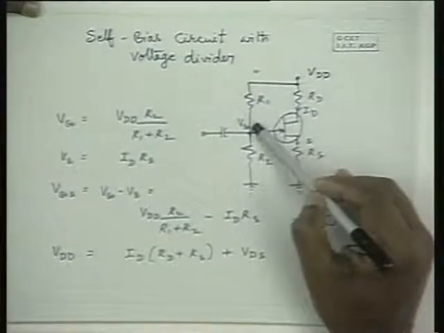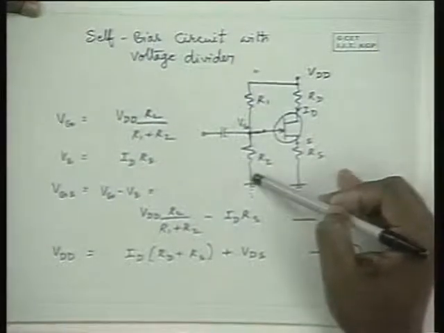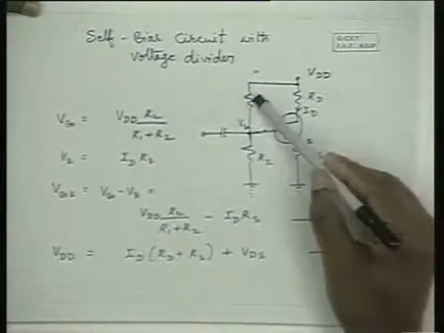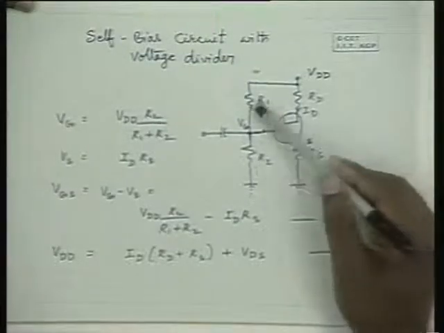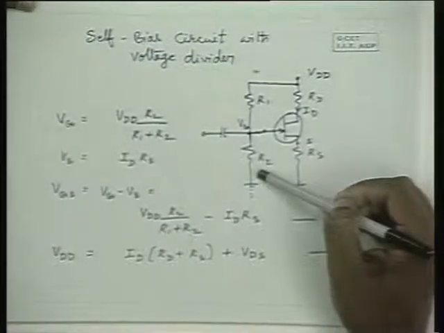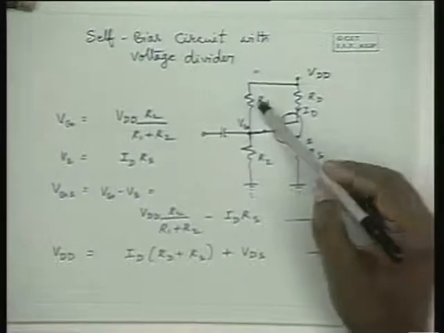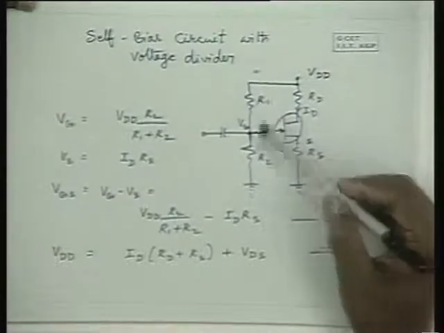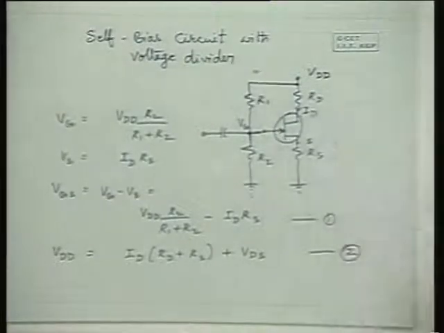That means there should be a voltage drop of 10 across one and 2 volts across the other. It can be 5K and 1K, it can be 50K and 10K, it can be 25K and 5K. So different combinations are possible. You choose any combination and it works.